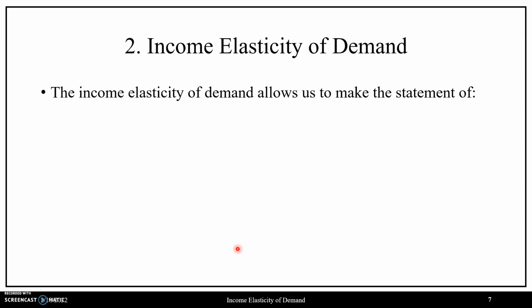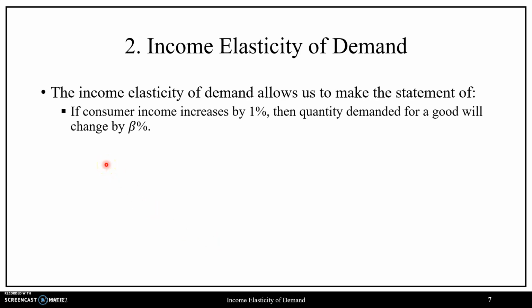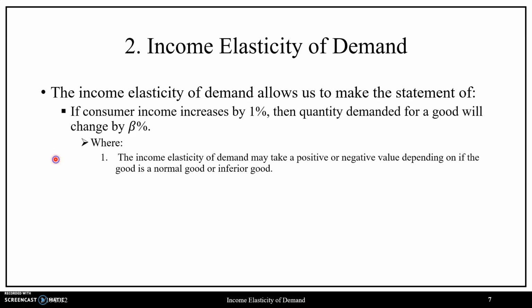Now, with the income elasticity of demand, this will allow us to make the statement in the form of: if consumer income increases by 1%, then quantity demanded for a good will change by beta percent, where as we saw with the cross-price elasticity of demand, the income elasticity of demand can also take a positive or negative value, and this will be contingent on if the good is a normal good or an inferior good.